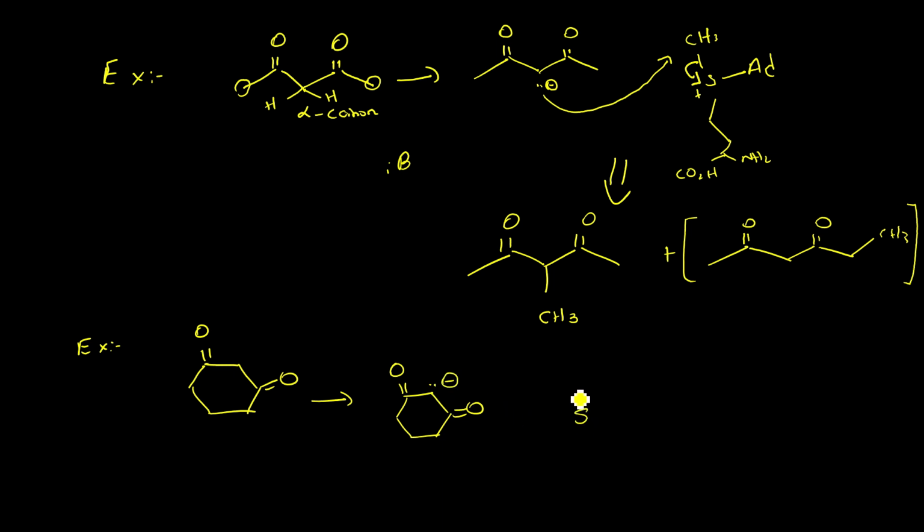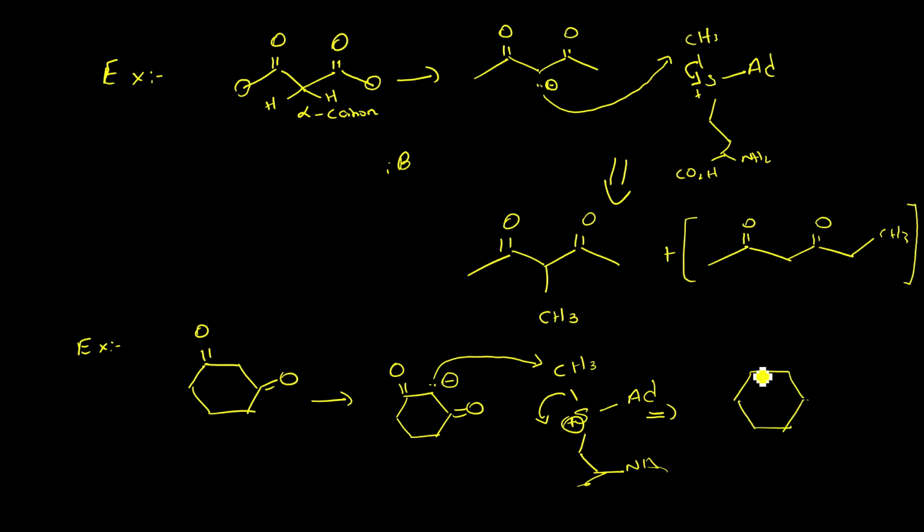Now what happens is our SAM can be attacked by this particular nucleophile. And here we have a positive charge, and it will go and attack our methyl group. The bond will be broken. Our final product can be obtained like this. I hope you got the idea, right?